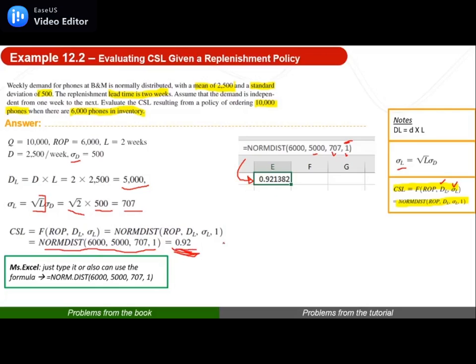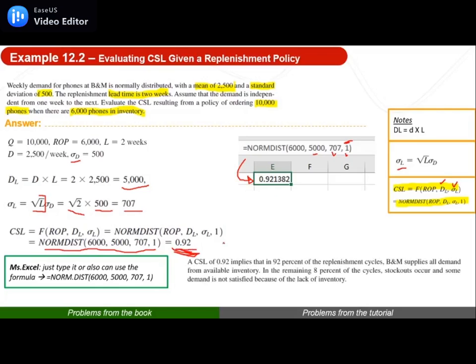So from this number, we can interpret that a cycle service level of 0.92 implies that in 92% of the replenishment cycles, BNM supplies all demand from available inventory.